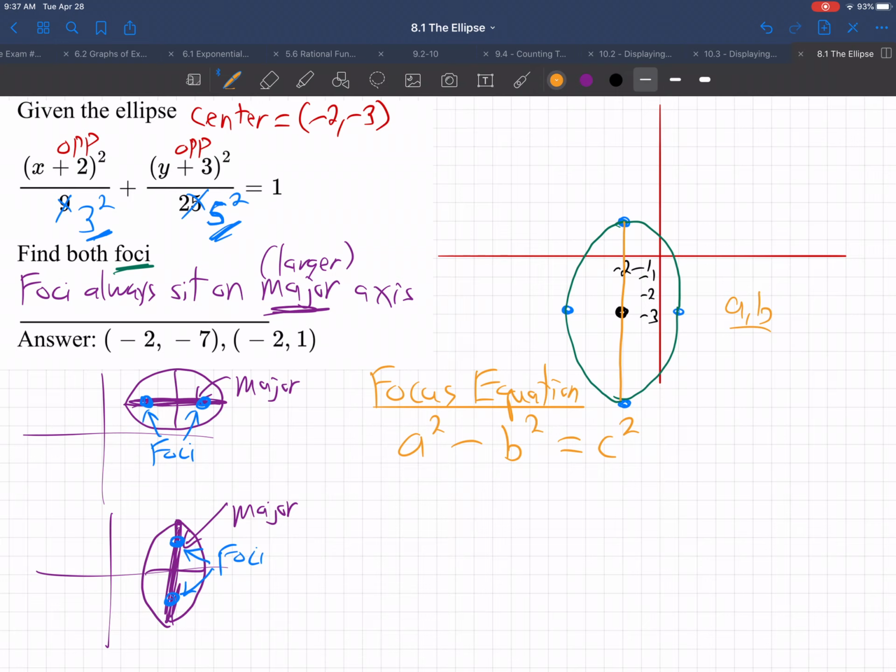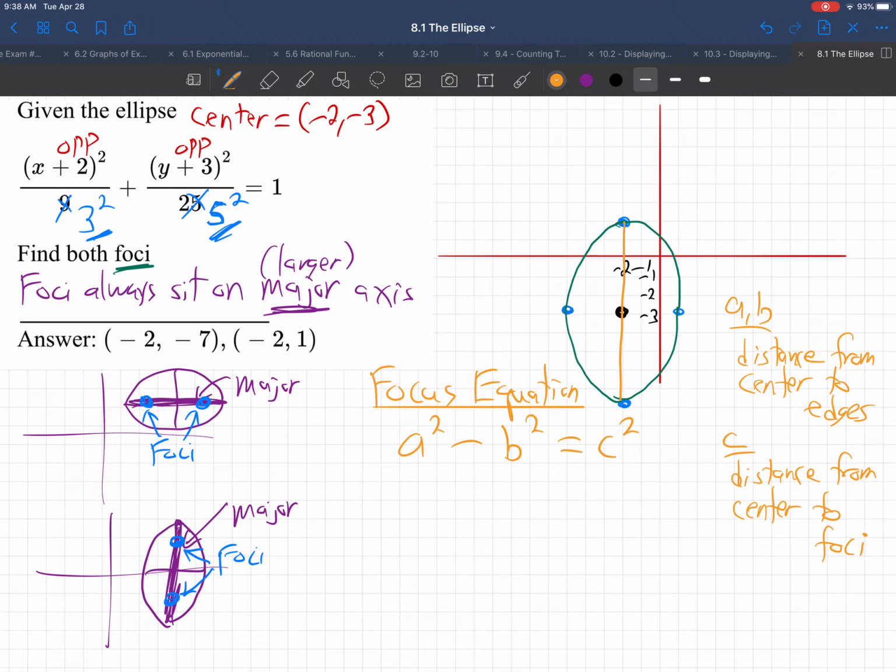A and b are the distance from the center to the edges. And c is the distance from the center to the focus points. The foci is the plural of the focus points. So that's what a, b, and c are in the focus equation.